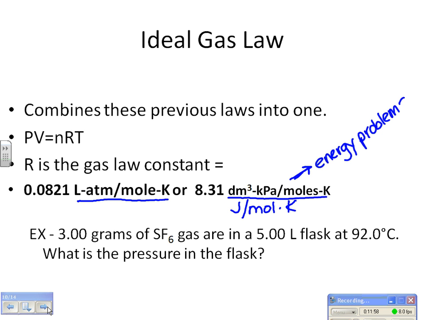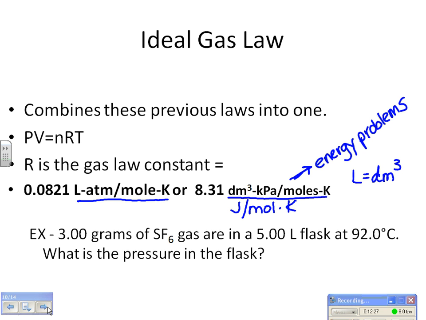So the only thing that's changed is atmospheres and kilopascals. You must use the 8.31 value anytime the problem has to do with energy, anytime you see joules in a problem, because that factor, decimeters cubed kilopascals over moles Kelvin, is equal to joules per mole Kelvin. And joules is a measurement of energy.